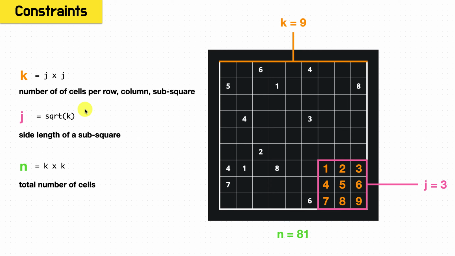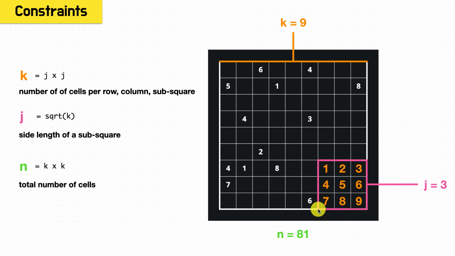So J is the square root of K. So since the sides are J by J, it will contain K items. So in a standard Sudoku board, the length of the sides are 9, so K is 9. A subsquare is going to contain 9 items, and it's going to be 3 by 3 for the sides.